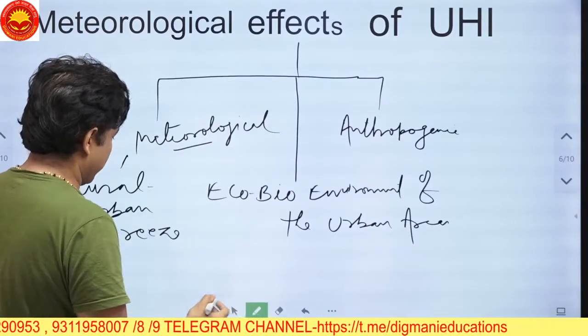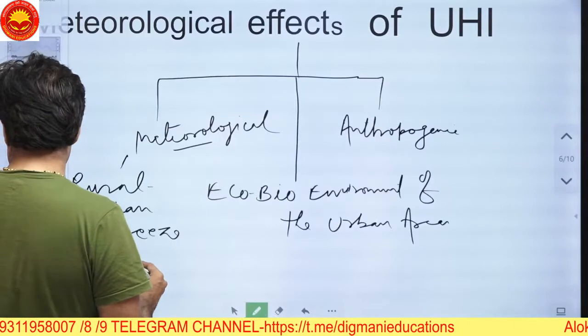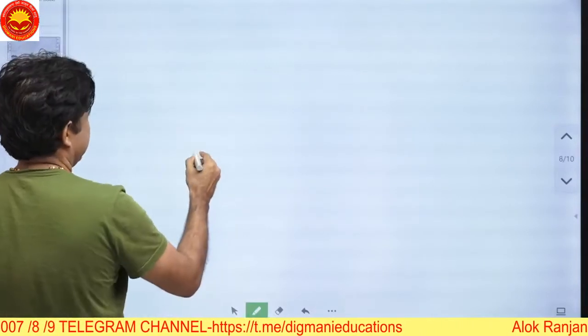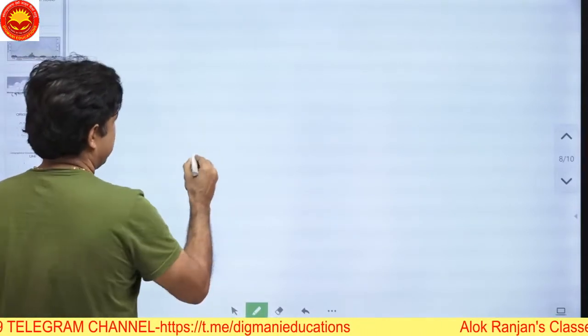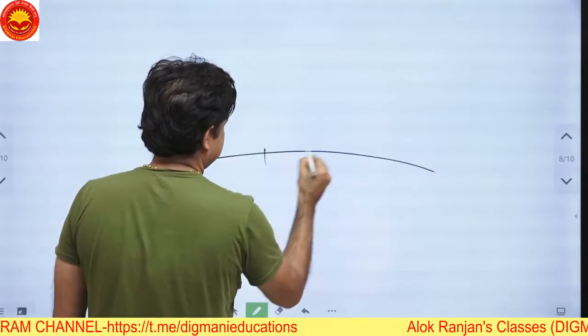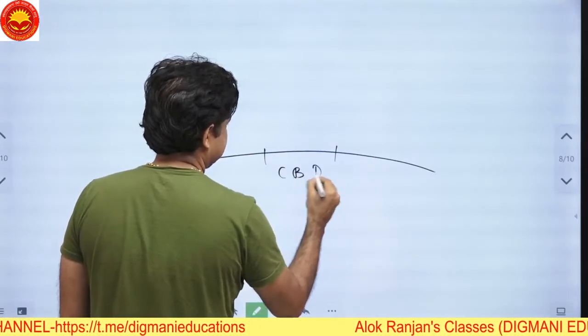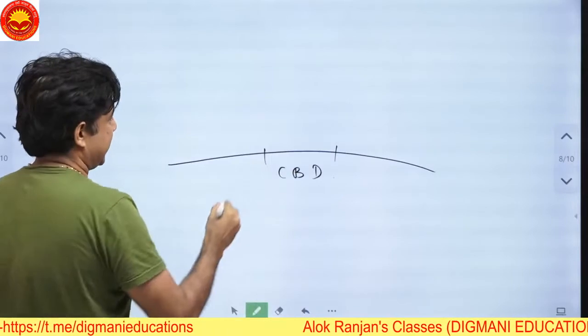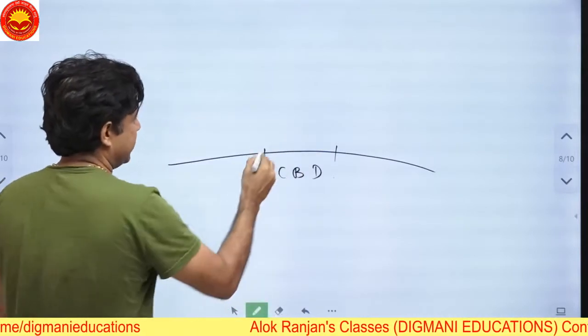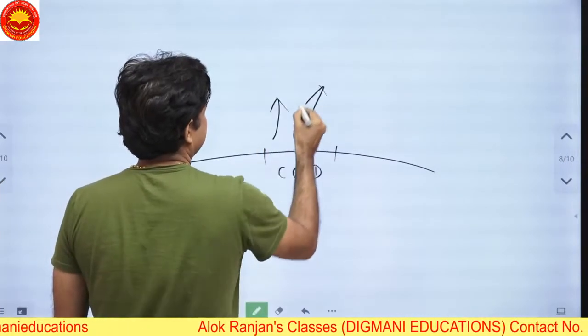Now how it is formed, I will go on a blank page now. If this is your urban area, there is the CBD, this is your CBD, and here you have the building structure, etc. And this is the convection which is taking place.